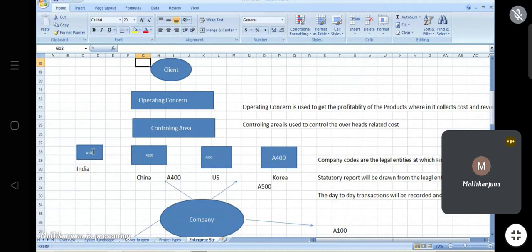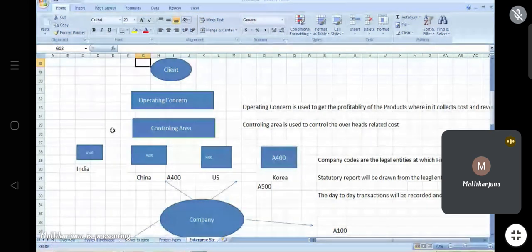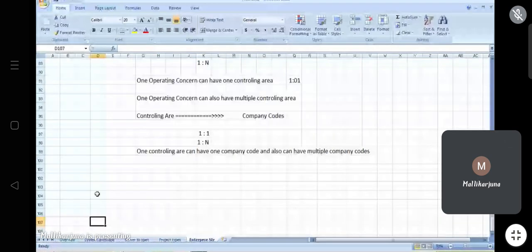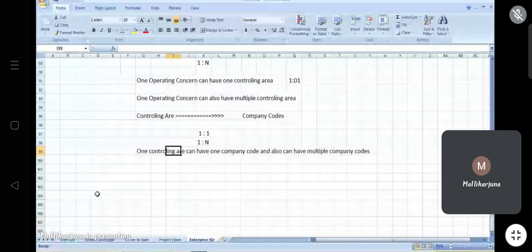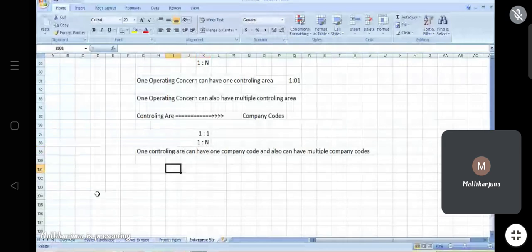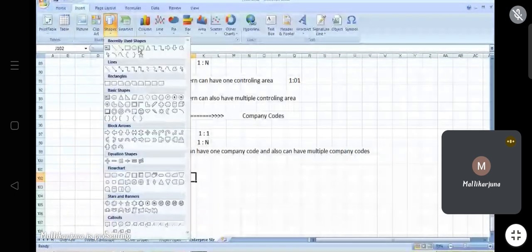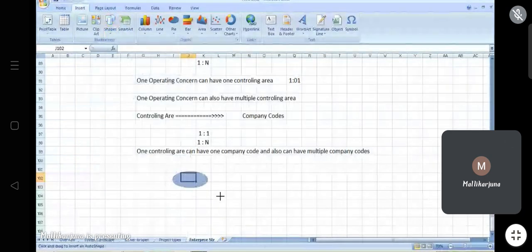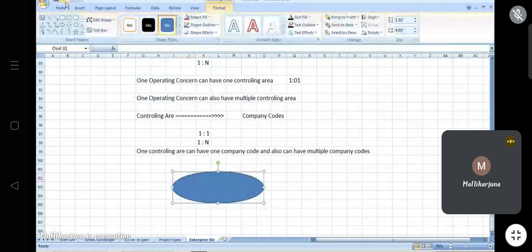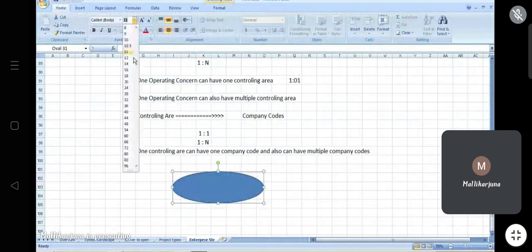So if we further split the company code, let's say I have four product lines. My company is in India, A100. This is in India.